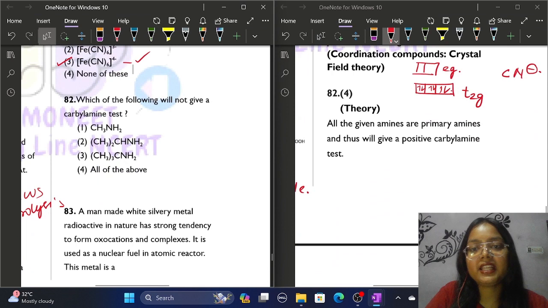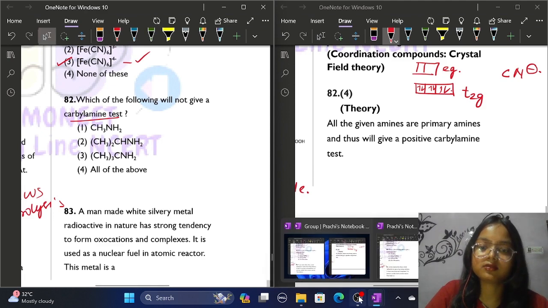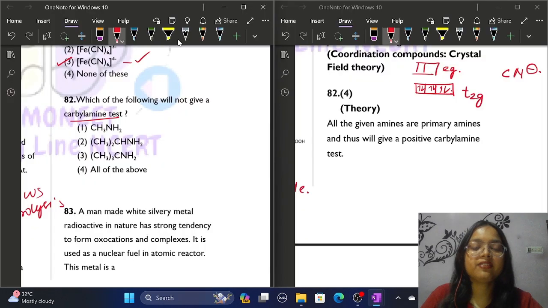For question number 82, which of the following will not give the carbylamine test? Give a carbylamine test, right? So all the given amines are primary amines, right? So these all are the primary amines.